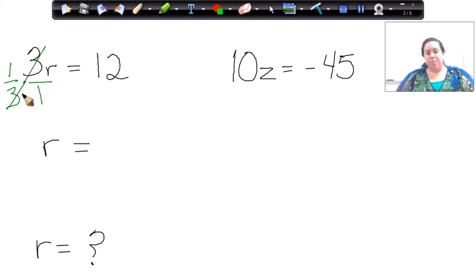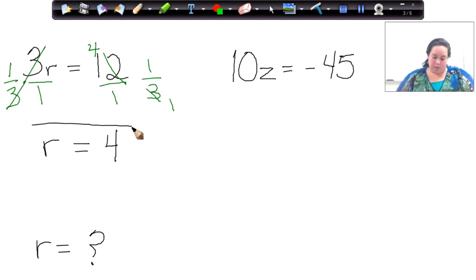But we can't just multiply on one side, we have to multiply on both sides, so we multiply on this side by 1/3 as well. Then this reduces to 4, so we have 4 over 1, which is just 4.